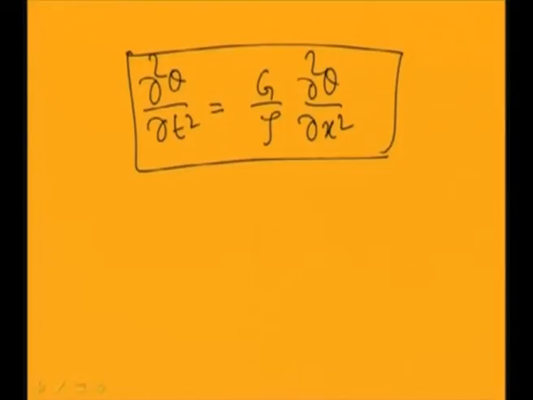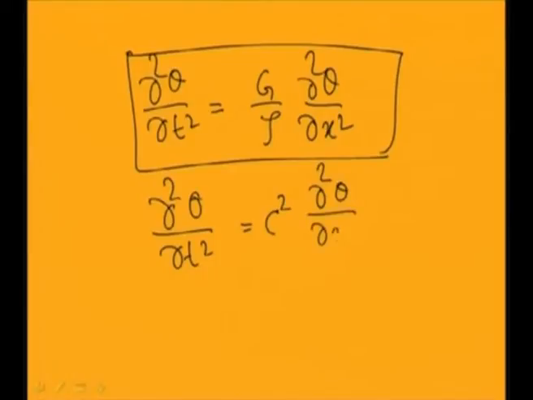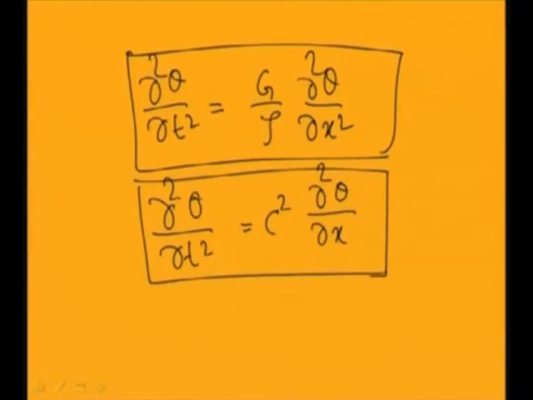So in this case also I can write the equation in this form, ∂²θ/∂t² equal to c² ∂²θ/∂x², where c² equals G by rho.